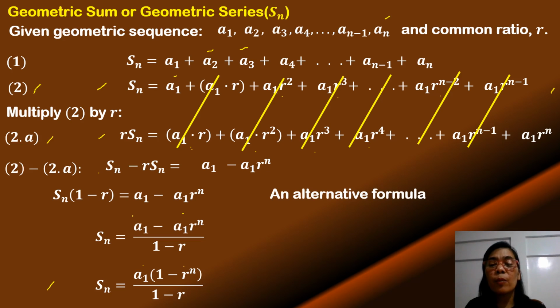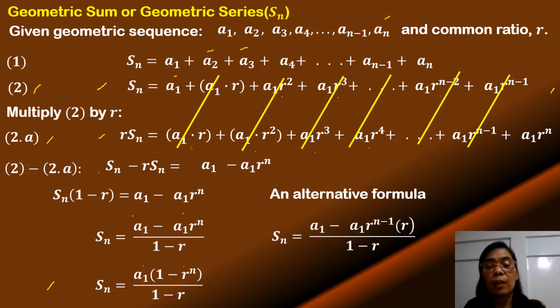An alternative formula can be used by substituting the value of a sub 1 r raised to n. We can express that one as a sub 1 r raised to n minus 1 times r. And we know that this factor is equal to a sub n.